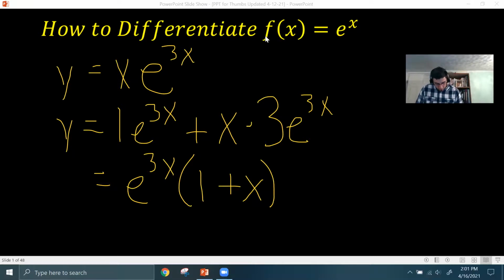I forgot the 3 here. It's not necessary to factor out the e to the 3x, but sometimes that might be helpful later. For example, if you're doing max-min problems or application problems where you have to solve for where the derivative is equal to 0. And I made a big boo-boo here. Got to have your y prime there to indicate that you're doing the derivative. And this is another thing that's very important, is I will often see students do problems like this and not be consistent or detailed with their notation.